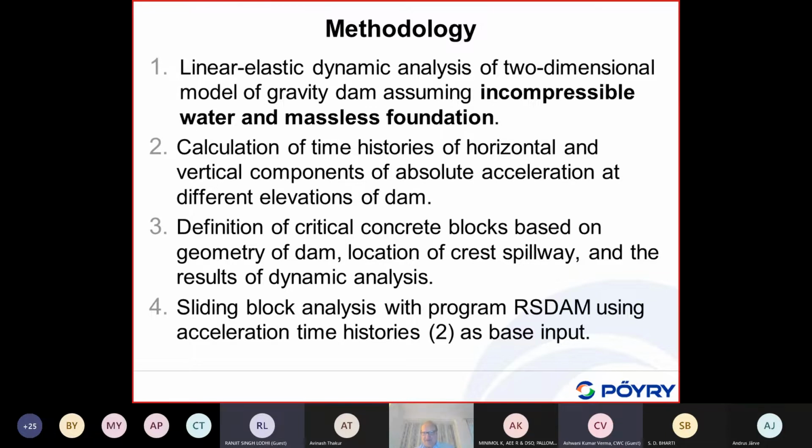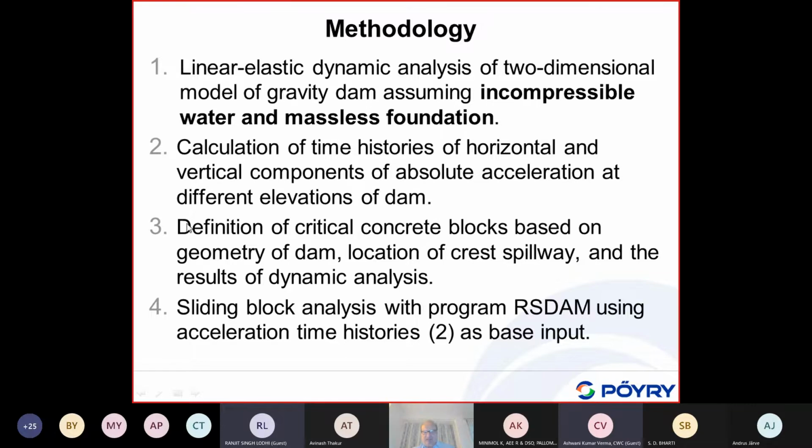Some people may have some problems with that, but you have to calculate the absolute acceleration, because inertial effects on a dam body are not from relative acceleration, they are from absolute acceleration. So as a reference, if you use inertia effects, you are always only interested in absolute acceleration.